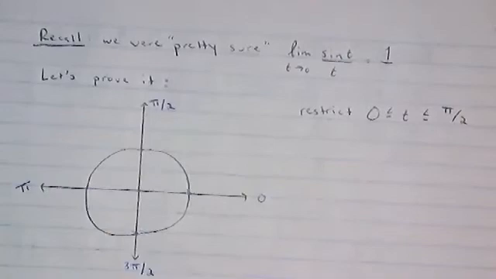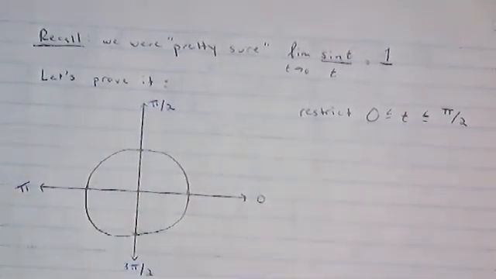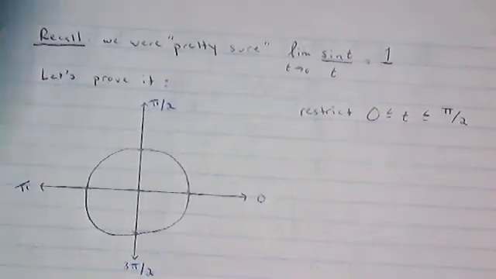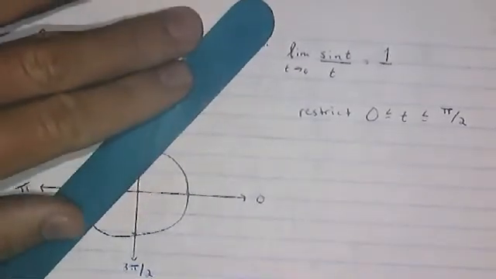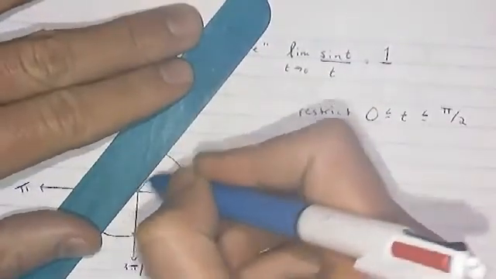And so this proof just starts with an angle that we, for the purposes of our proof, are going to say is between 0 and 90 degrees, between 0 and pi over 2 radians. And so let's just draw some angle in that first quadrant and label it t.